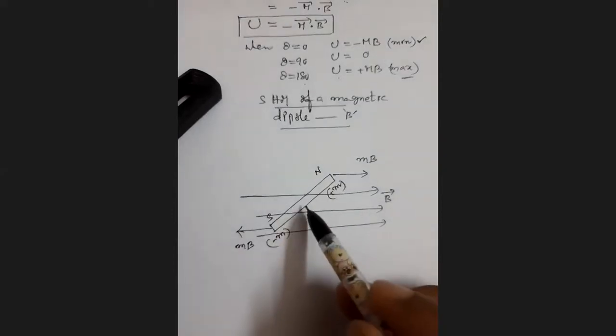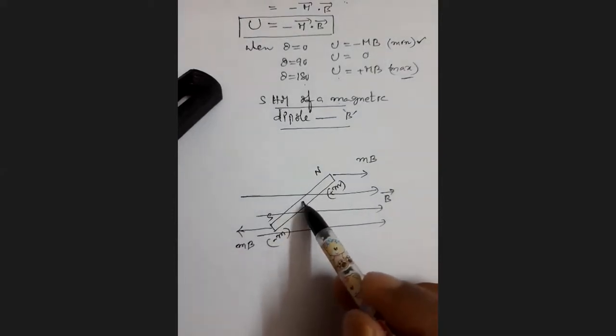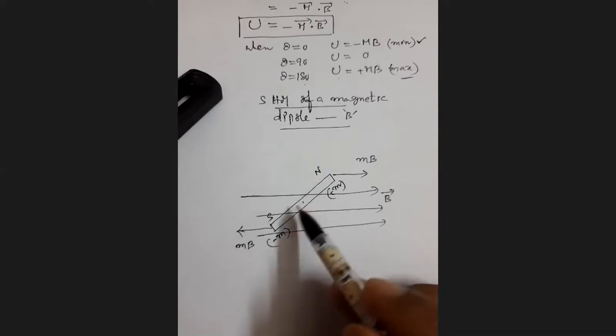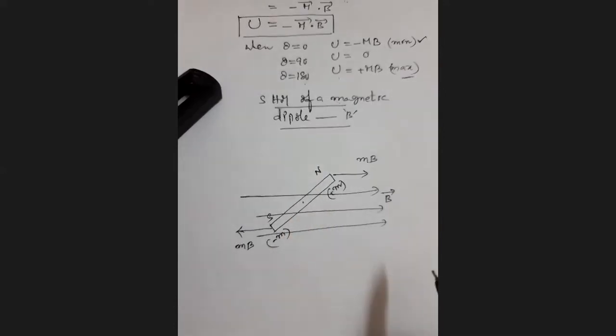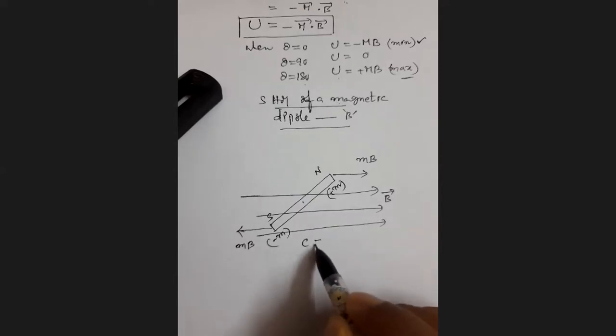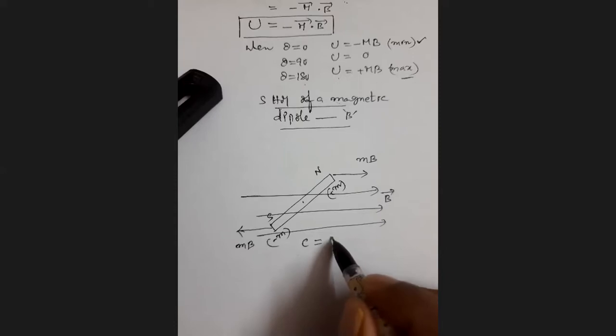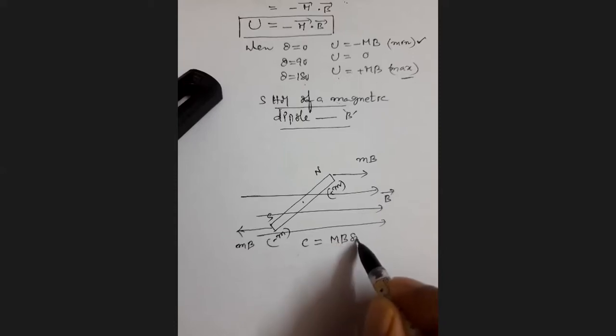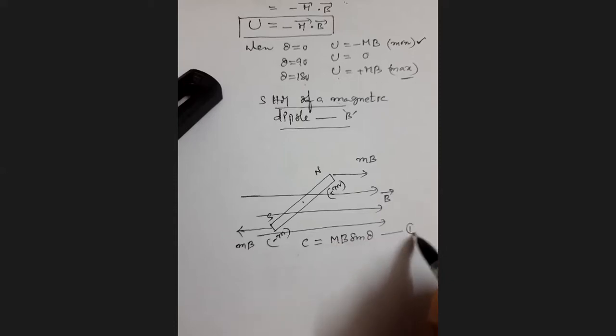Here the dipole is suspended by means of a silk wire. The deflecting couple C equals MB sine theta. We already discussed this.